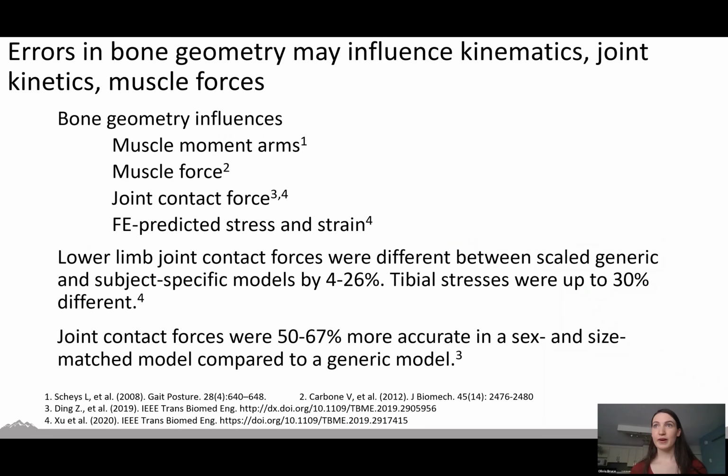I've talked a lot about how statistical shape modeling improves accuracy of bone geometry predictions, but going back to the very beginning of this presentation, what does that mean for what we get from musculoskeletal models? Well, we know that bone geometry influences muscle moment arms, muscle forces, joint contact forces, and even finite element predicted stresses and strains. A recent study found that joint contact forces and tibial stresses were up to 30% different during walking between scaled generic and image-based models.